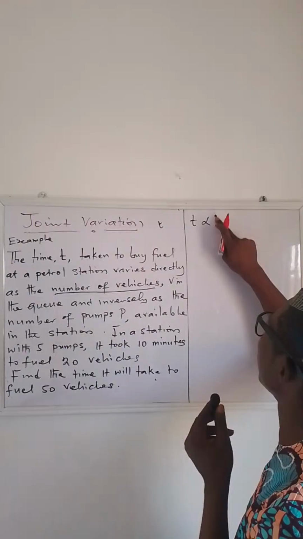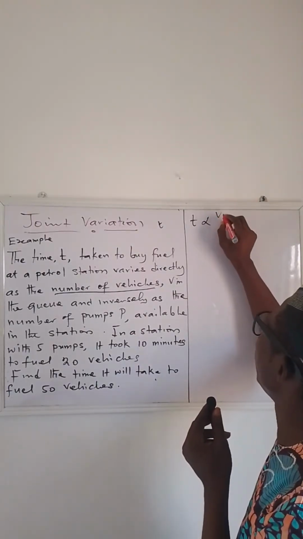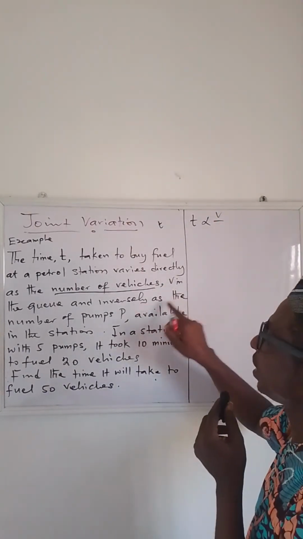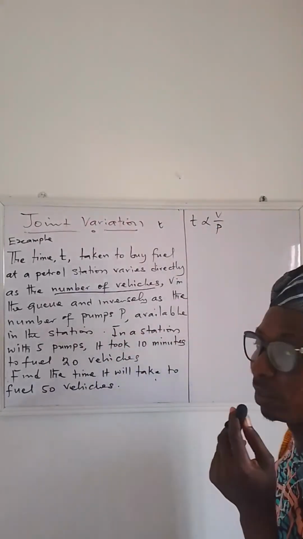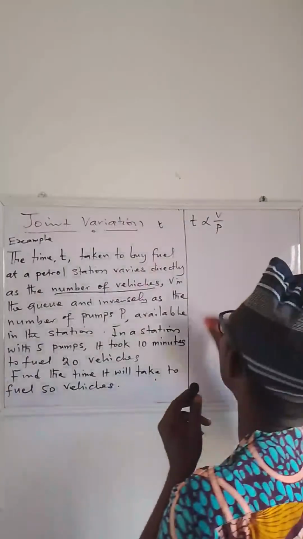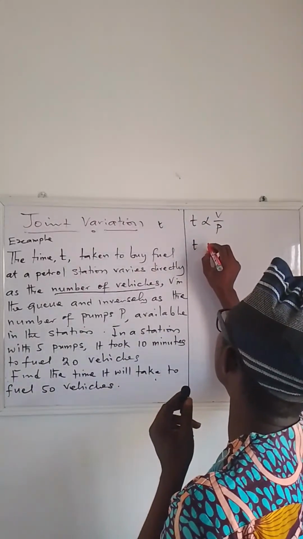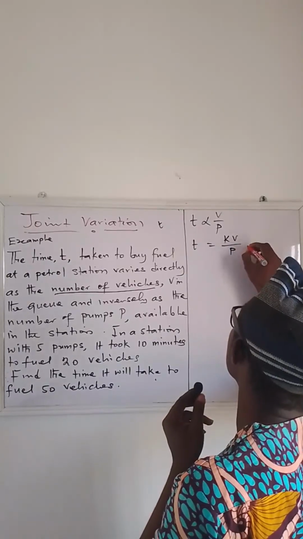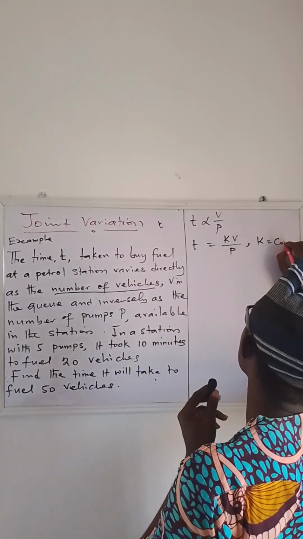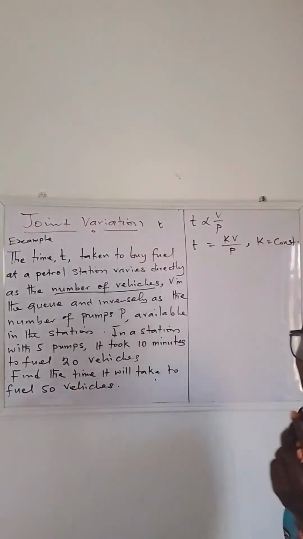Once I hear inverse, I know the question is talking about reciprocal. Inversely as the number of pumps, P. So this is the relationship: T equals KV over P, where K is a constant.